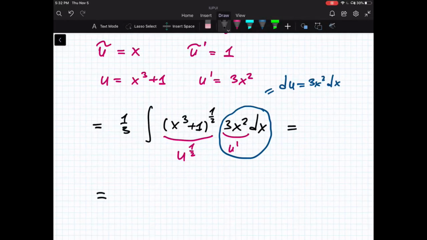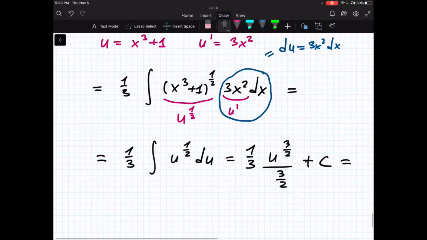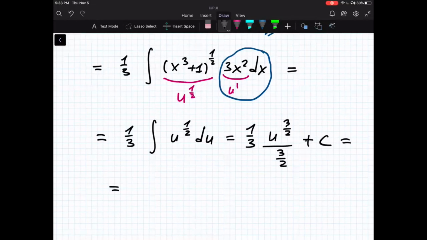So if I make one additional step, it's u to the power 1/2 times du, if you like, the first form again. But this is the same as u to the power 3/2 over 3/2 plus constant. And if I simplify it, it will give me 2 over 9 u to the power 3/2 plus constant.